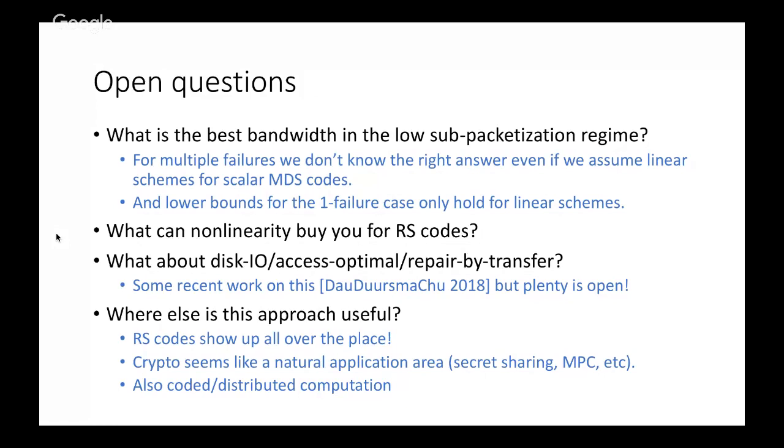This seems like a much more general question than distributed storage. In particular, crypto seems like an actual application area, like secret sharing, multi-party computation, and also applications in coded or distributed computation, which are a little closer to the distributed storage setting. I'd love to see more applications of this stuff, so I'm happy to talk to anybody later who has any ideas of where this might be useful.